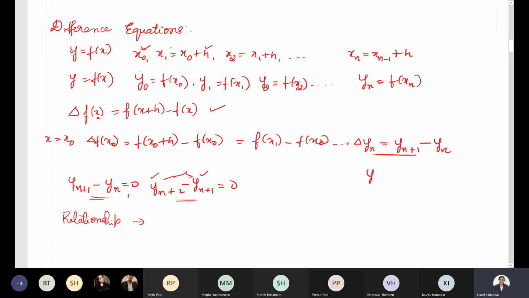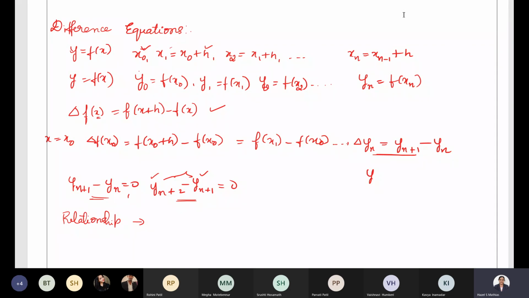If you are able to find the relationship between the unknown functions, then such equations are known as difference equations. What is a difference equation? It is a relationship between the differences of an unknown function at several values of the independent variable.